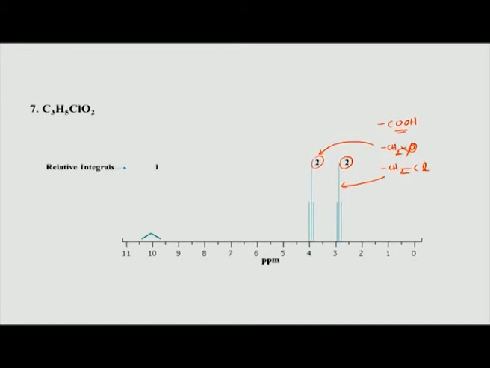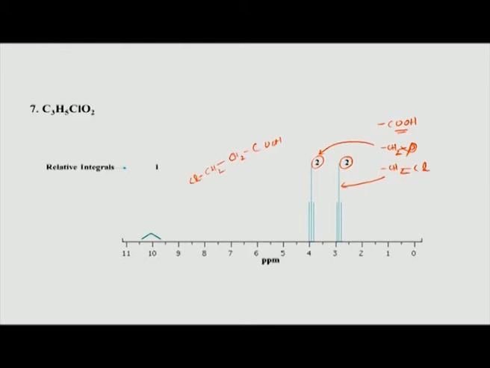This will basically have to be something like a branched chain situation. So, let me draw this again. Basically there is a COOH, and there should be one CH2, and then another CH2 attached to Cl.